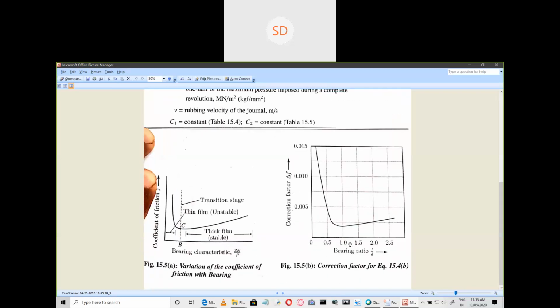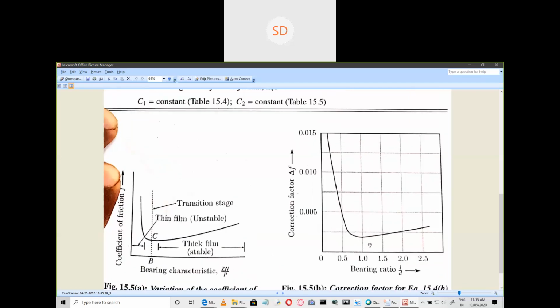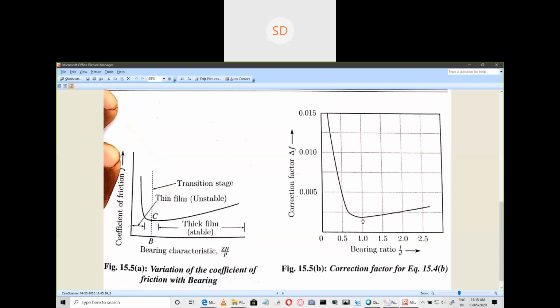Now in this case, L by D is equal to 1. I think you are going to get the same here, 0.002. Clear? L is 50 mm, D is also 50 mm. Okay, it is a square bearing. I think you are going to get here 0.0025. You are going to get 0.002.